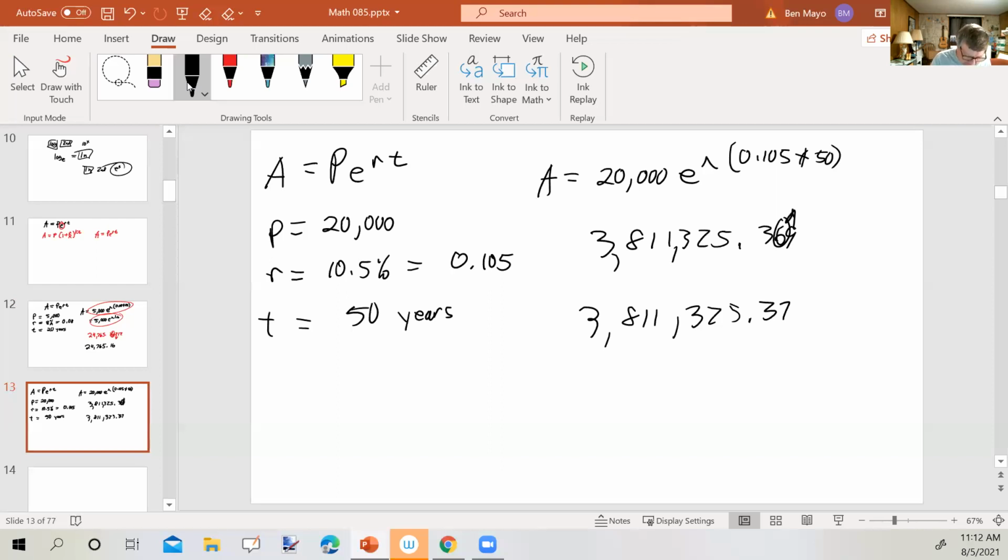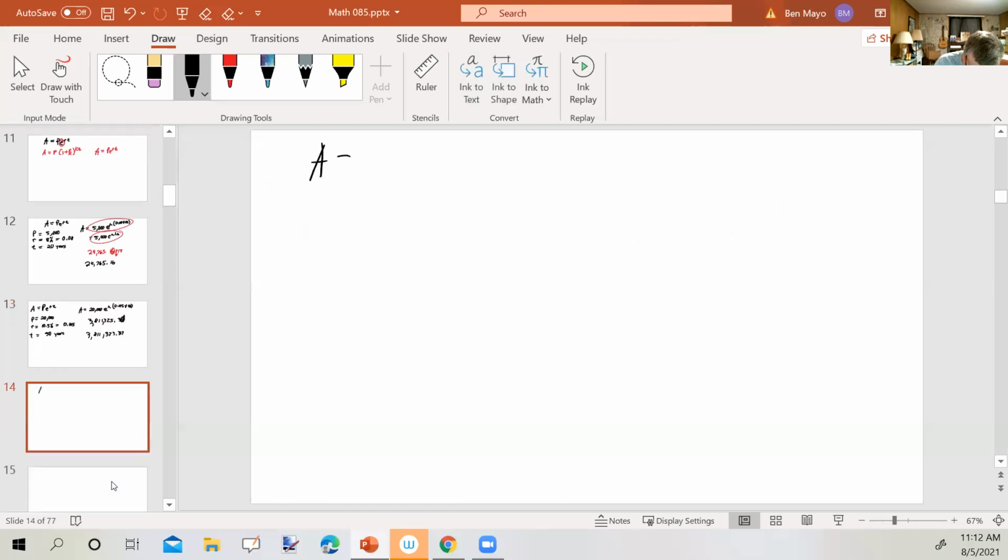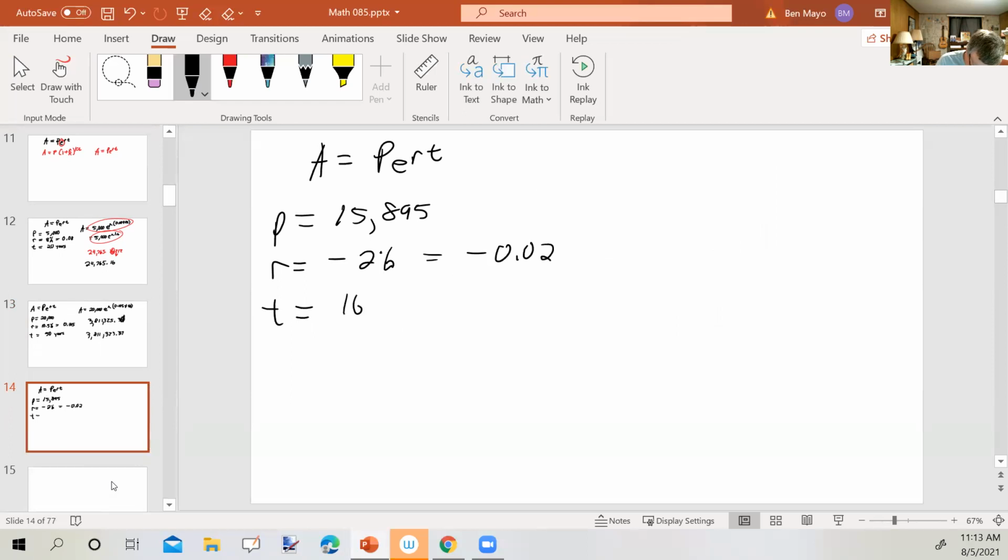Let's take a look at another example. In this case, P is 15,895. R is negative 2%, which is negative 0.02, and T is 16 years.